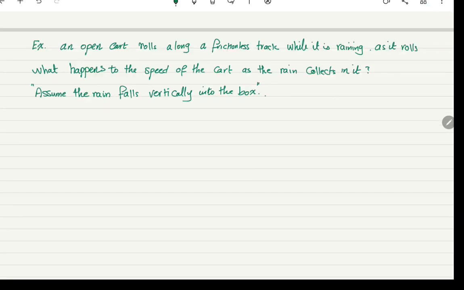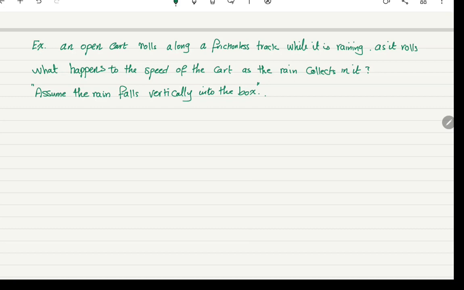Now let's have this example. An open cart rolls along a frictionless track while it's raining. As it rolls, what happens to the speed of the cart as the rain collects in it, assuming that the rain falls vertically into the box?